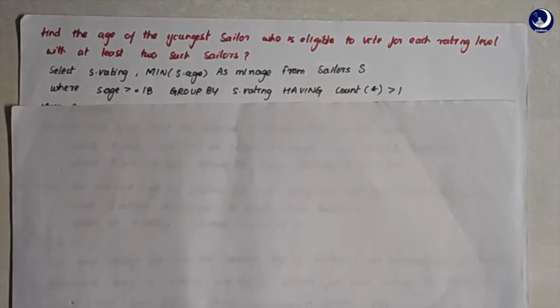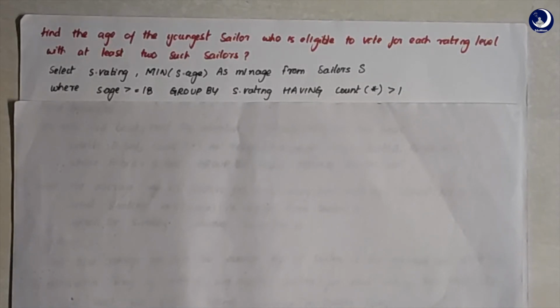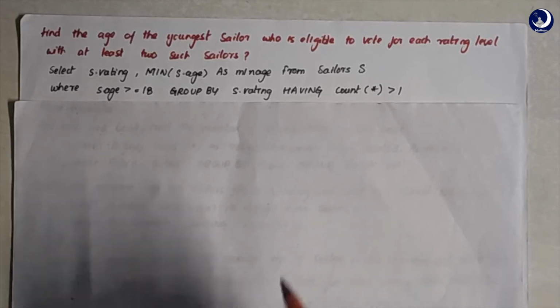Like I said, the select list will have S dot rating, because we want the entire table to be grouped based on the rating. So we should include that in the select list in order to have it in the group by clause. So: select S dot rating, comma, min of S dot age, because we want the youngest ones as minimum age. This is generally used for showing in the output, that's all.